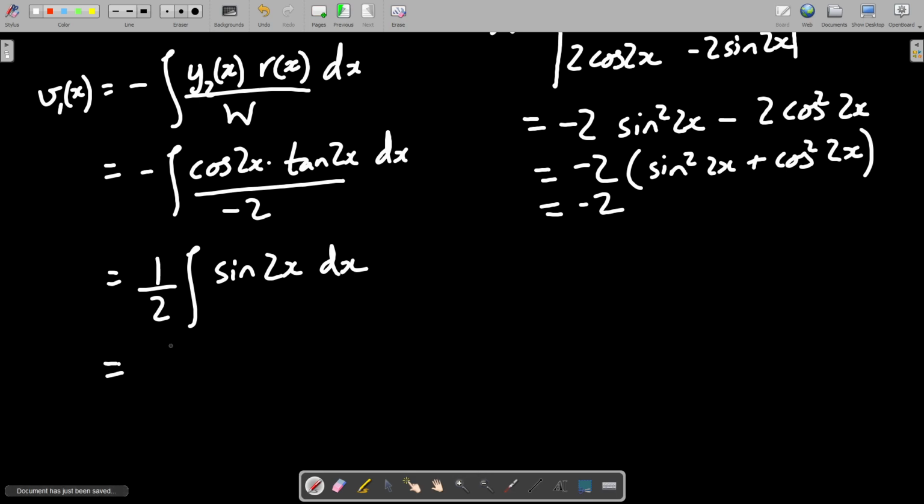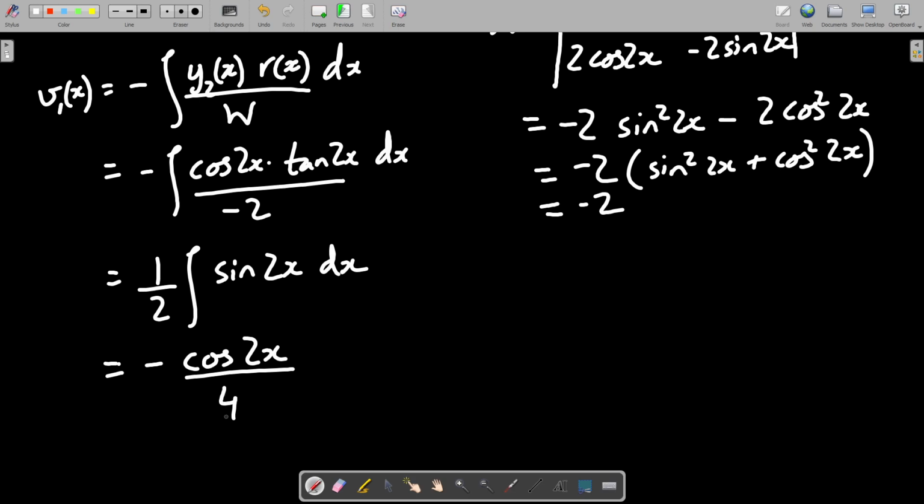This integral will become, integral of sin is minus cos 2x divided by 2, that will multiply with this half and give you a 4. No need to write the integration constant because we'll be adjusting constants anyway.